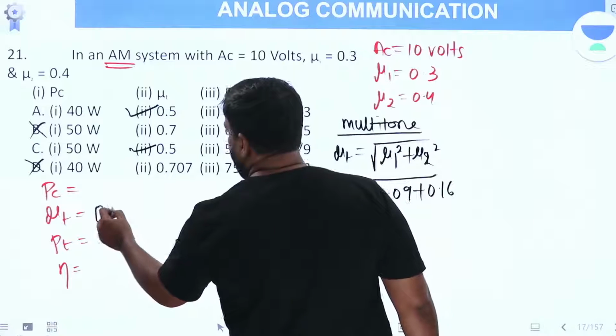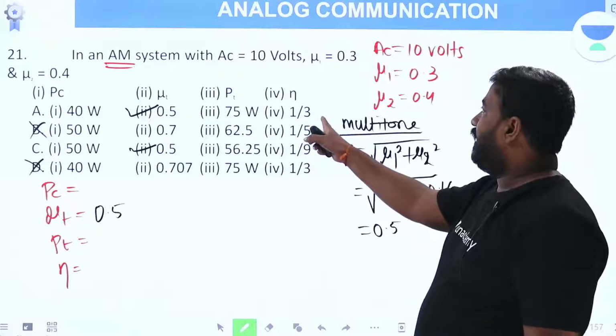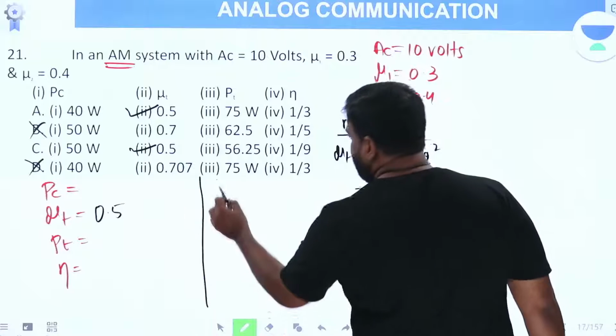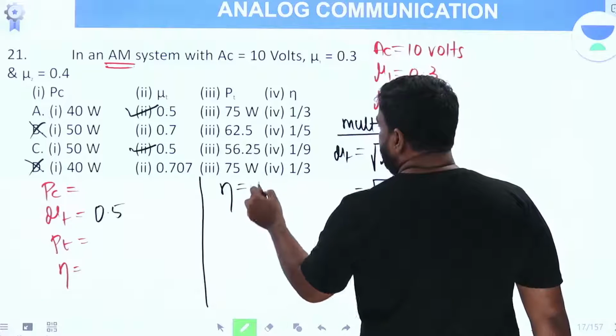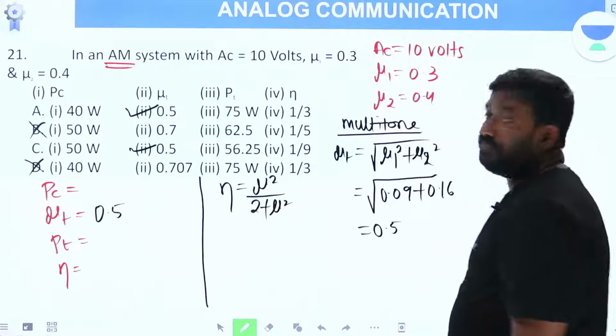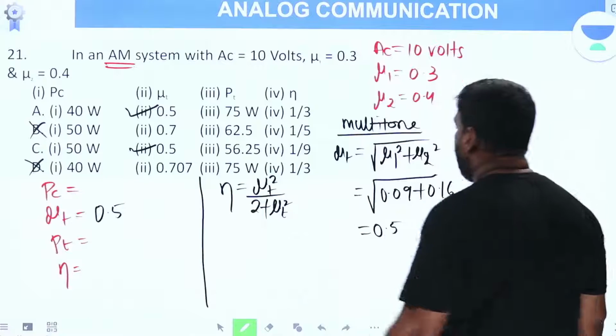Mu t is 0.5. Now as you got mu t, you can easily find the eta value. What is eta? By default it is sinusoidal input. Eta is mu square by 2 plus mu square, or here mu t. Therefore mu t square by 2 plus mu t square.